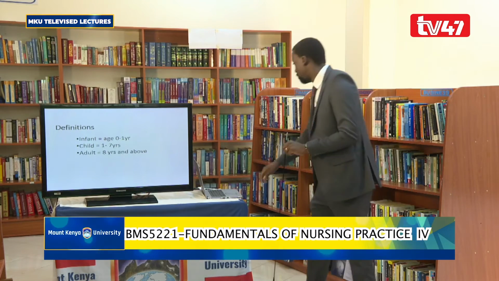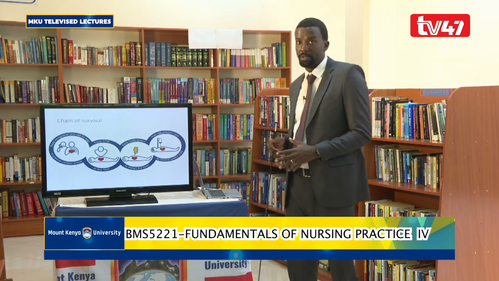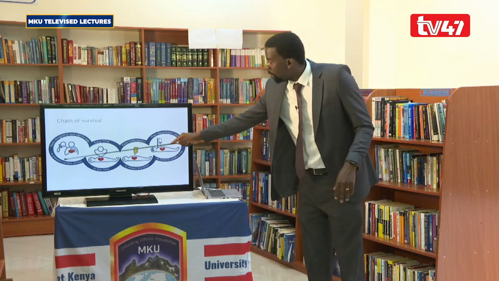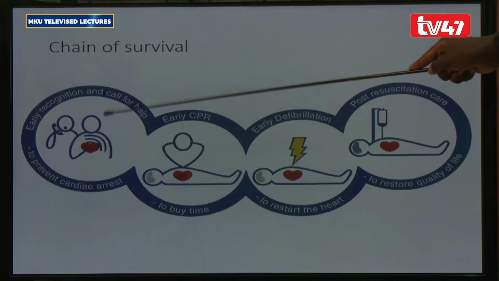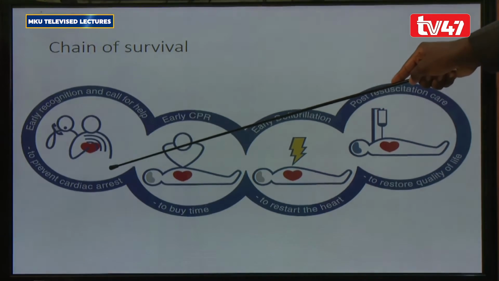All right? So let's quickly go back to the chain of survival. What do we focus on around the four circles here? Beginning with when you first get to the site of an emergency, an accident at home, it could be in a workplace, it could be at school. So our first point of contact is here. You think about prevention of cardiac arrest, right?